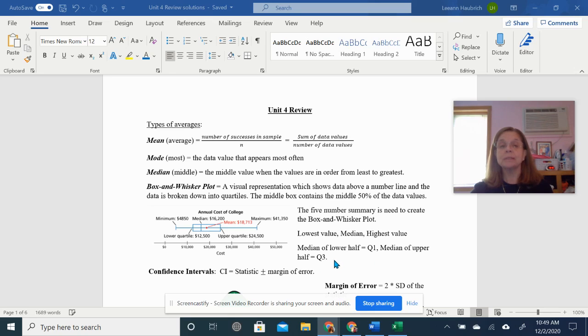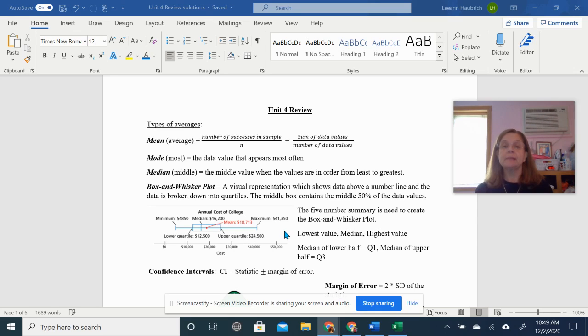The lower quartile is the bottom half of your data. So if you have 14 pieces of data, you would have 7 on the bottom half, 7 on the top. The lower quartile will be the exact middle of that bottom 7. So the fourth piece of data would be the lower quartile, or Q1.